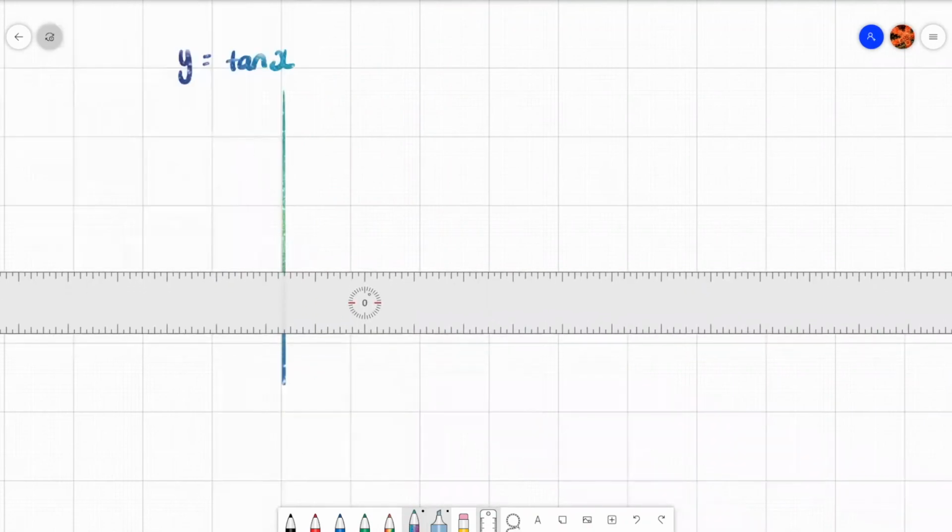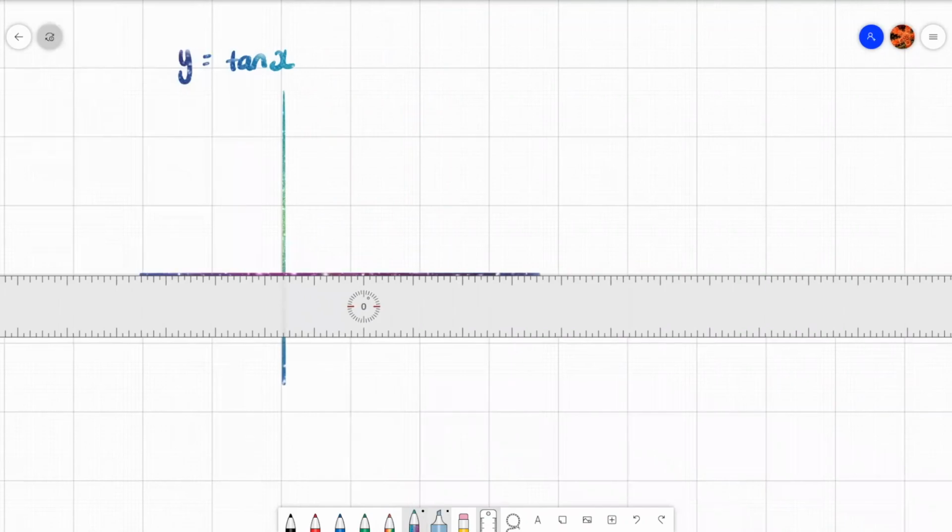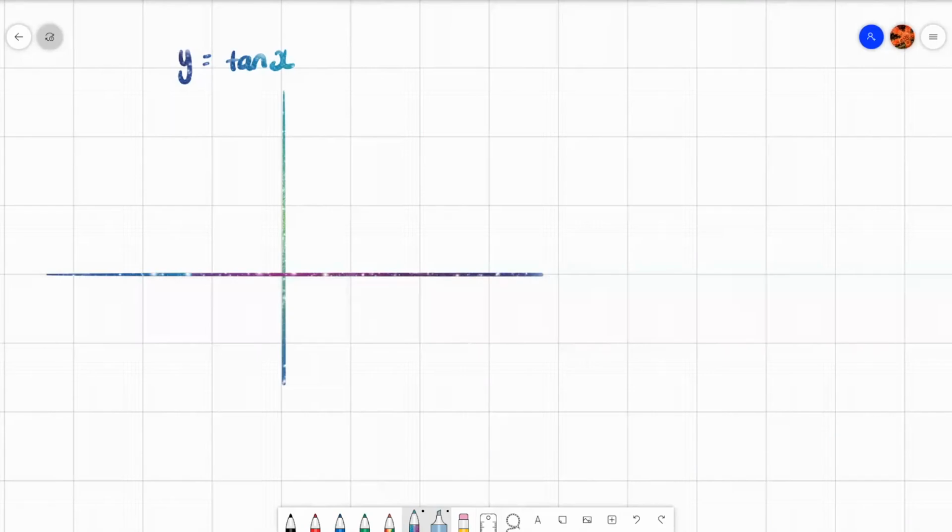Okay, and then I'm just going to do this here. So again, I've got 0, 90, 180, 270, and 360. Just extend that there. That's my x and that's my y. We don't need the ones on the y-axis this time. Minus 90, minus 180, minus 270.